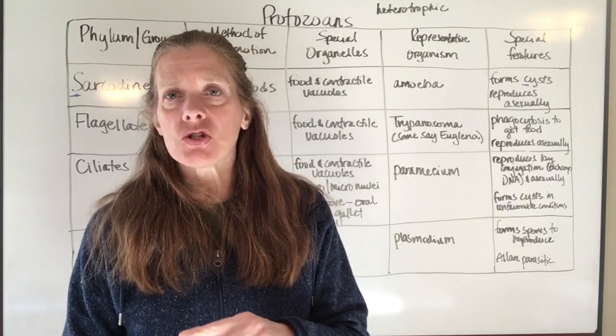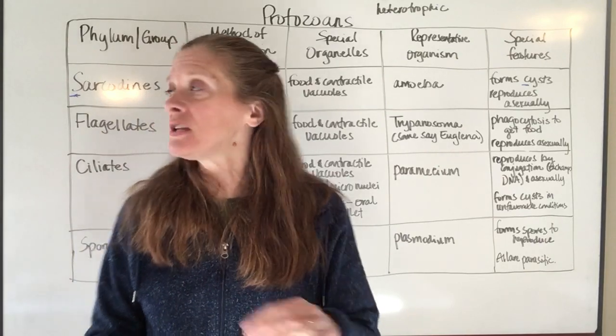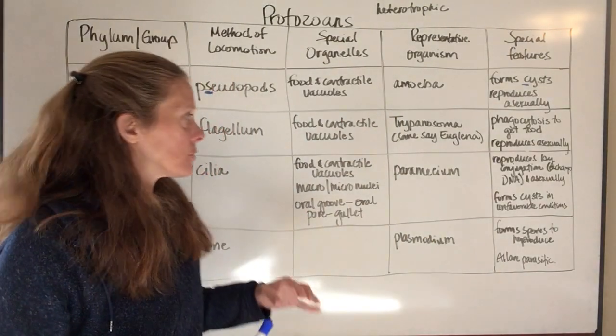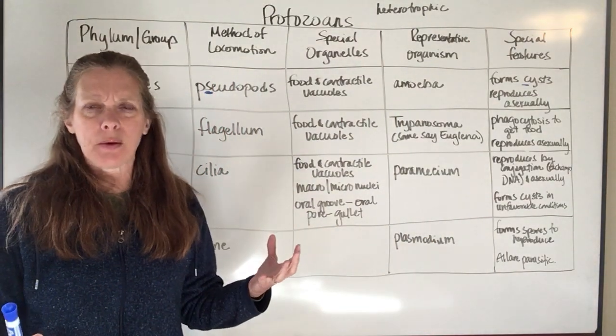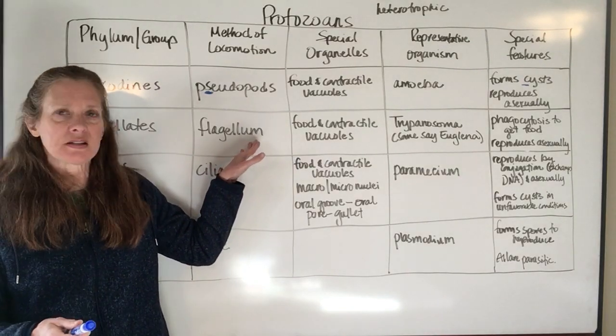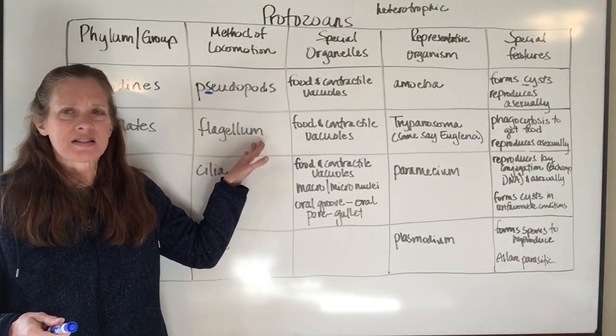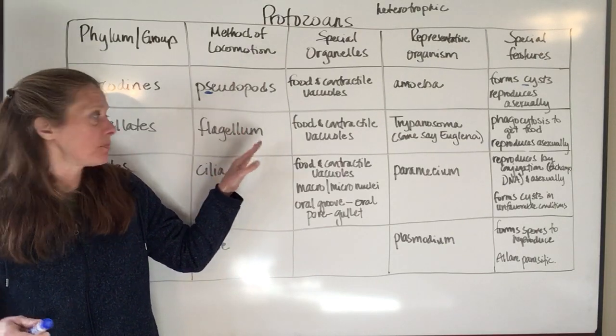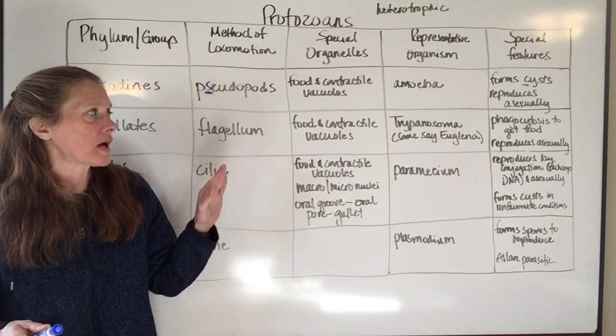However, the biologists who say no, Euglena should really go in with the flagellates are looking at some other characteristics. They say, first of all, the algae don't move around in the same way that Euglena does, and so its locomotion makes it look an awful lot more like a protozoan than it does an algae, because it moves around much more like an animal does.